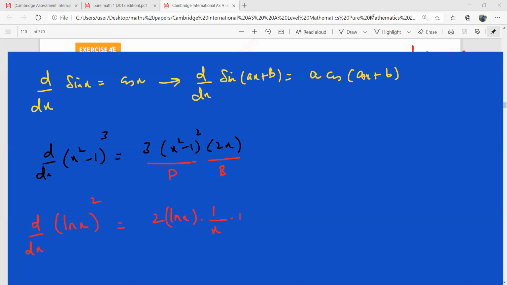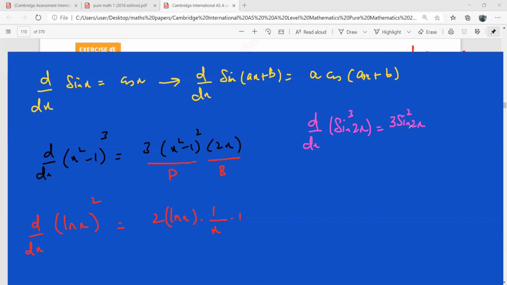Now similarly, suppose you have to differentiate sine cube 2x. Look at this. You will write this as, first of all, 3 sine square 2x.